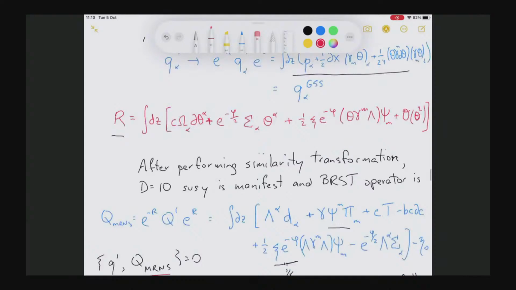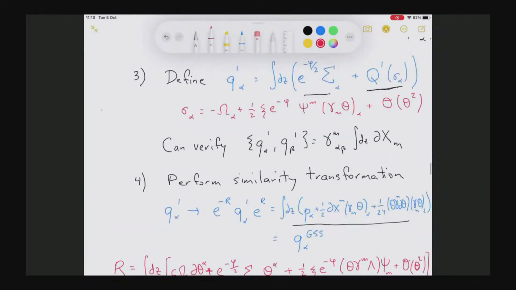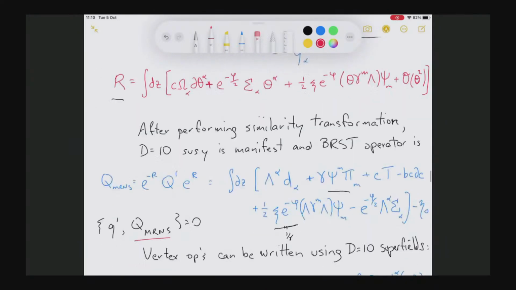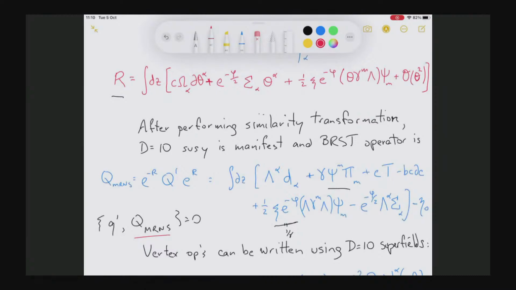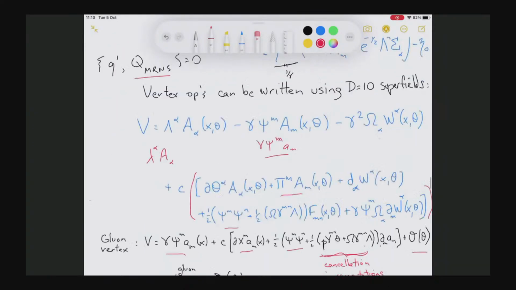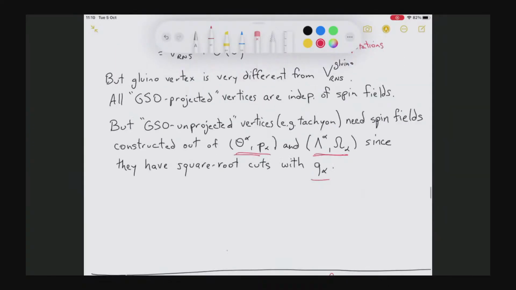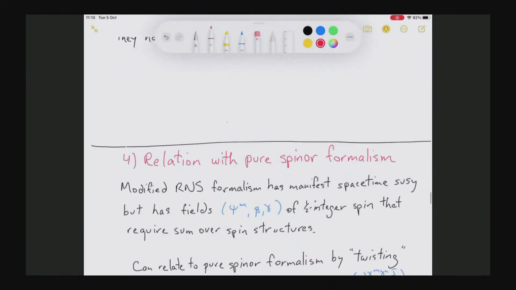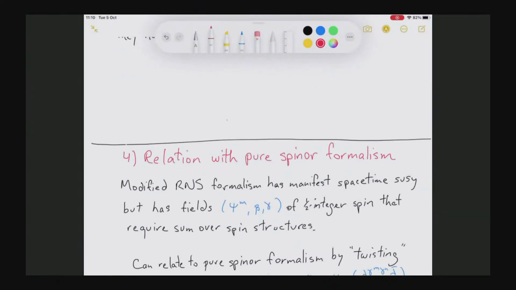Okay, so now we have this formalism in which space-time supersymmetry is manifest. The vertex operator for the Neveu-Schwarz sector is slightly more complicated. The vertex operator for the Ramond sector, I think, is much simpler than in the RNS formalism. But of course, what we want to do now is use this to try to relate it to the pure spinor formalism.